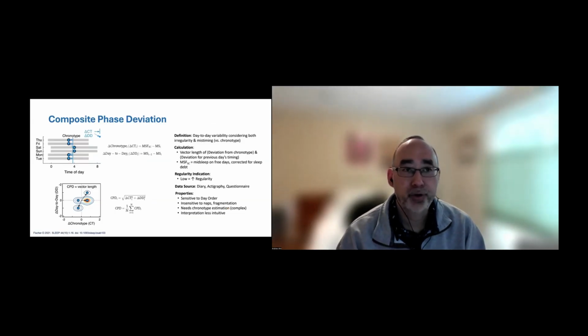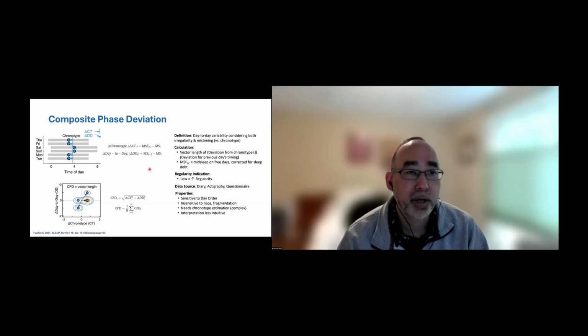And the final measure of sleep regularity is the composite phase deviation developed by Fischer. This is a combination of irregularity and mistiming, so it incorporates sleep timing in addition to sleep irregularity. What Dr. Fischer did was identify a person's chronotype. It is actually not a straightforward calculation to figure out a person's chronotype.